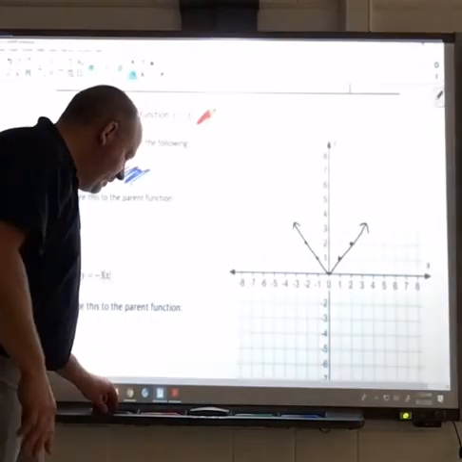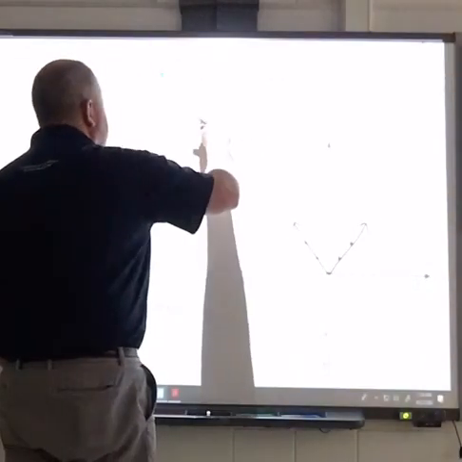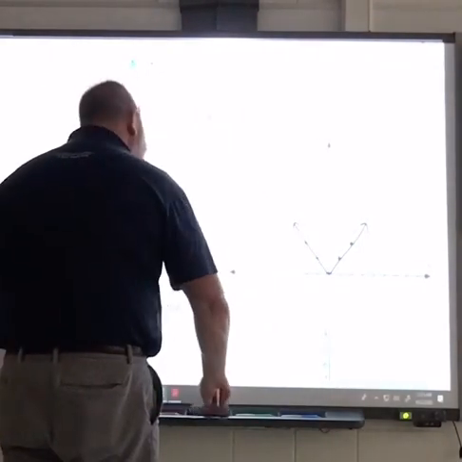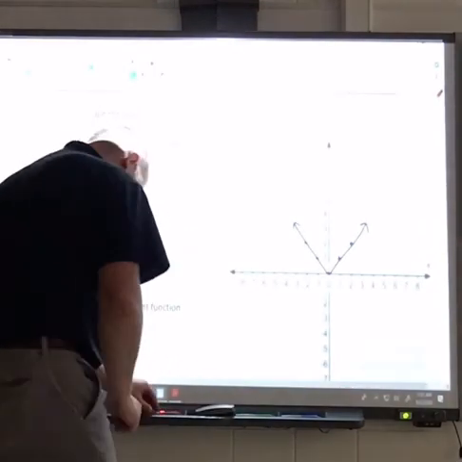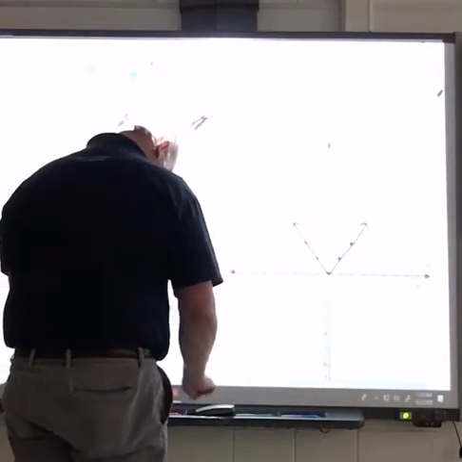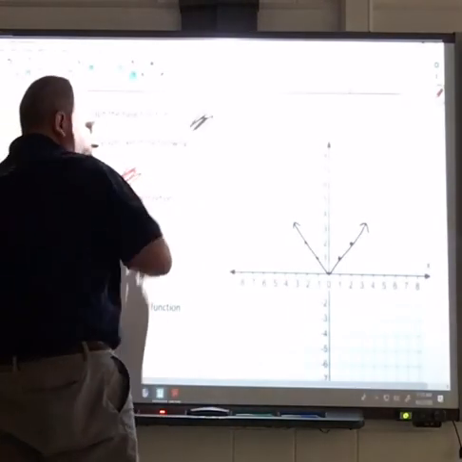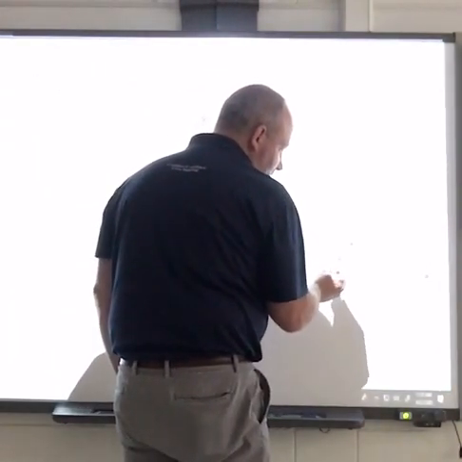Now, the y is equal to 2 times the absolute value, so that's red, and the absolute value function is black. What I see here is you'll notice that this point here stays the same.